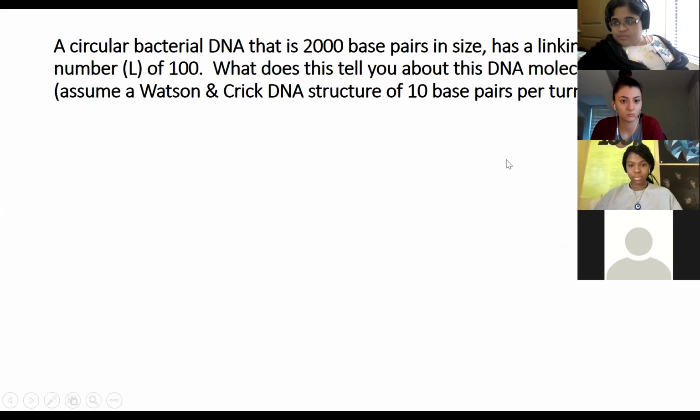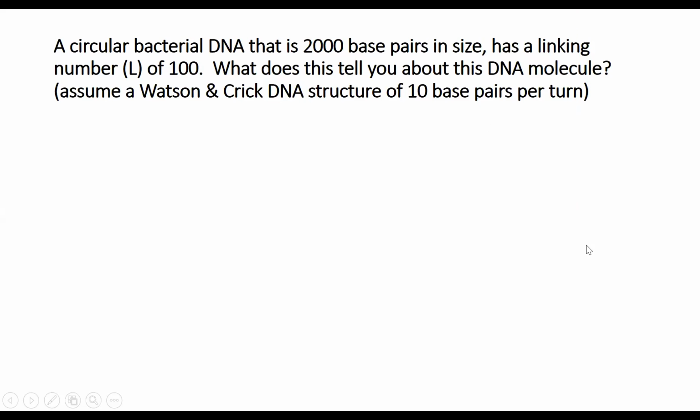I just realized I never went over supercoiling and linking number and all that fun stuff. So we can go through 2 problems of these. A circular bacterial DNA that is 2,000 base pairs in size has a linking number L of 100.